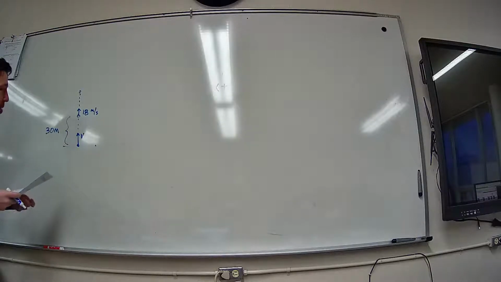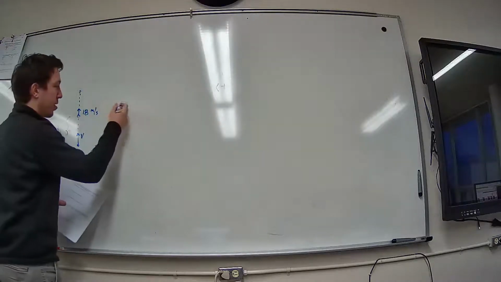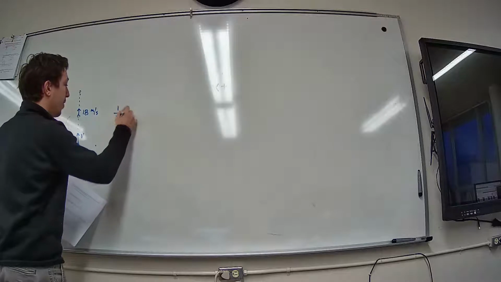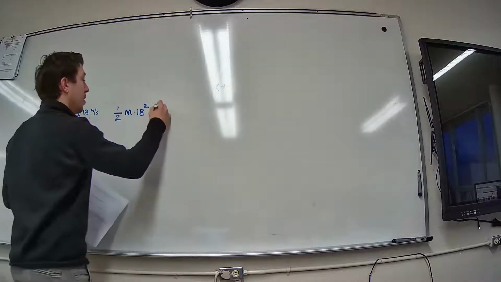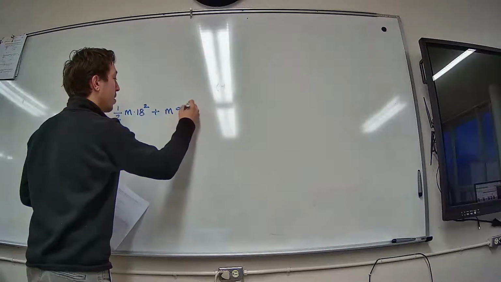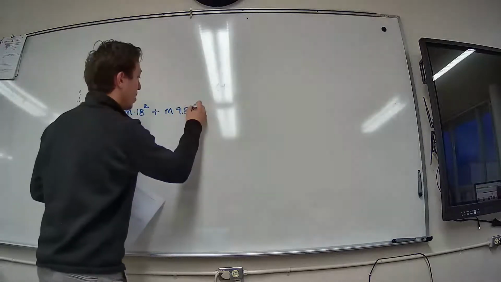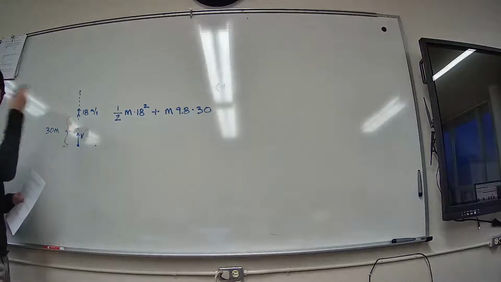So you've got to be a little clever here and write, for this moment in time, the total energy is 1/2 mv squared plus mg, what's the h, 30. Does that make sense? That's the total energy.